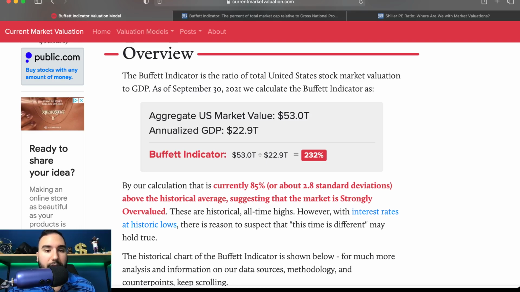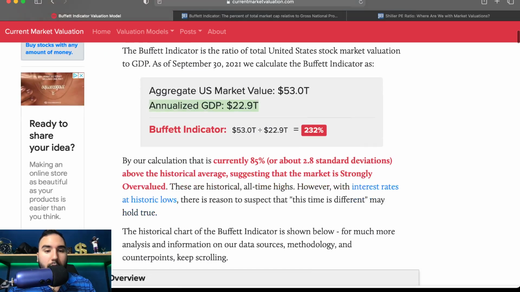The Buffett indicator, as you all can see up here, is the ratio of total United States stock market valuation to GDP. As of September 30th, 2021, which was about 8 days prior to me filming this video, we calculate the Buffett indicator as aggregate U.S. market value, 53 trillion, divided by the annualized GDP, which is a tad under 23 trillion, and that comes out to 232%.